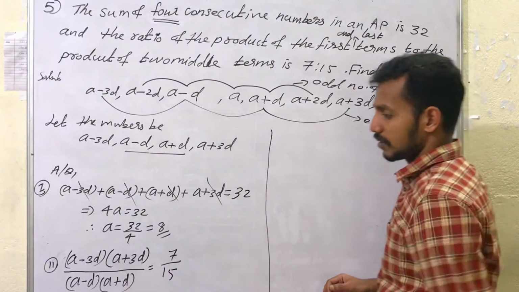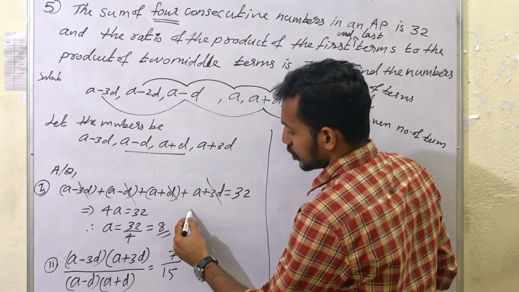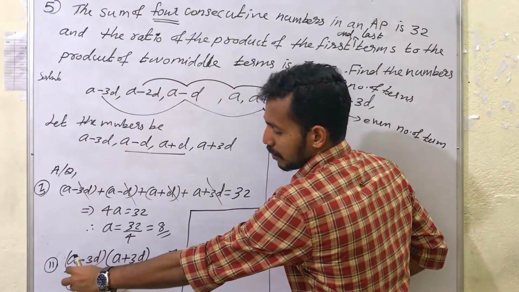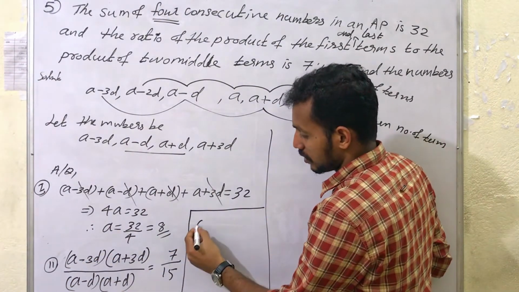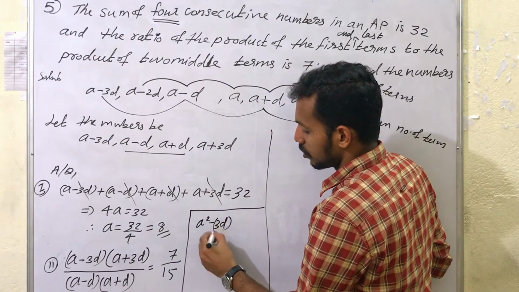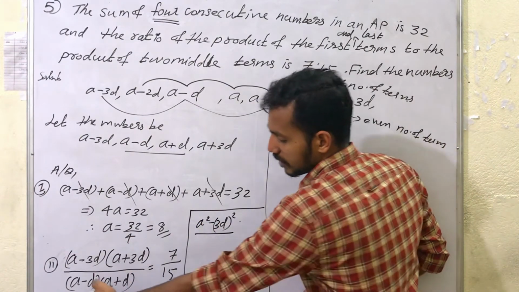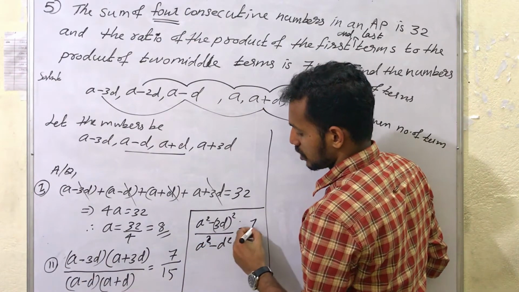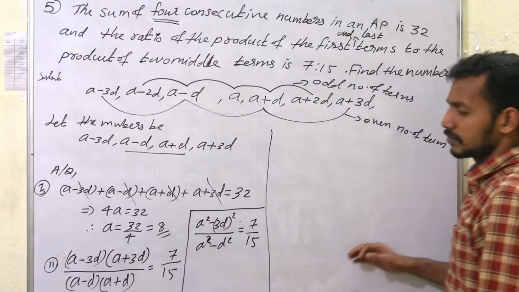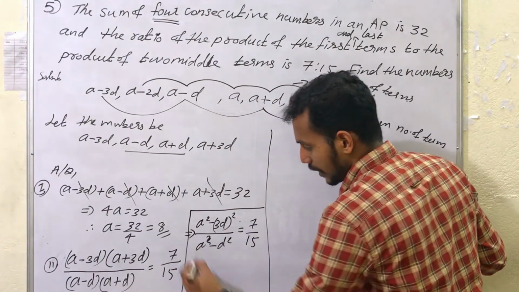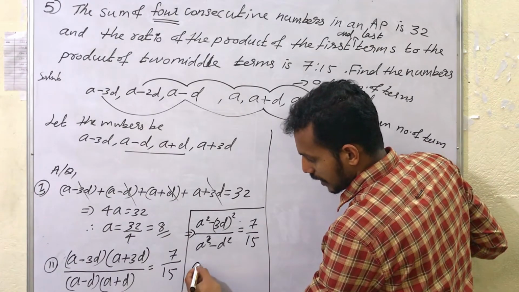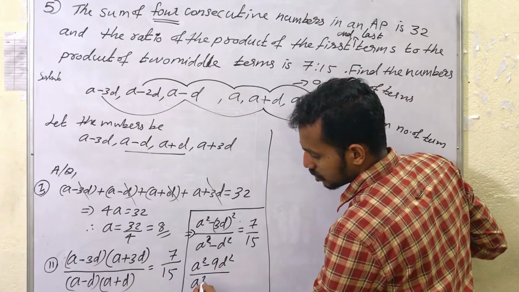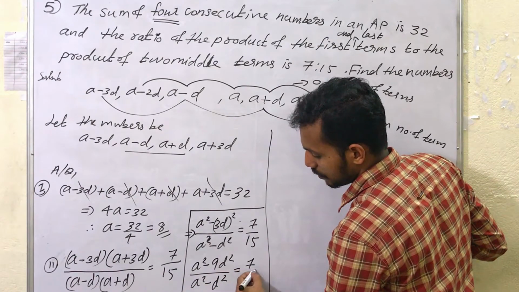Now using the algebraic identity, what is the algebraic identity we have? a minus b into a plus b is a square minus b square. So a square minus 9d square divided by a square minus d square is equal to 7 by 15.